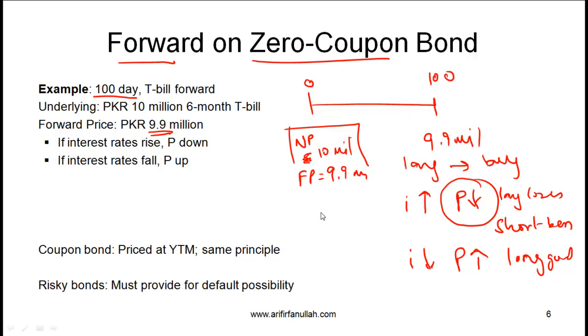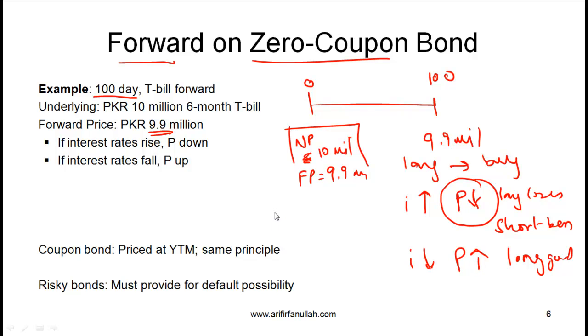Later on we'll talk about forward contracts on interest rates which work the other way around. But I just want to plant in your head that here, if the underlying is a bond, then price going down is bad for the long, good for the short, and price of the bond going up is good for the long, bad for the short.